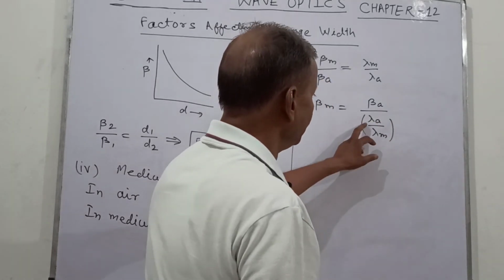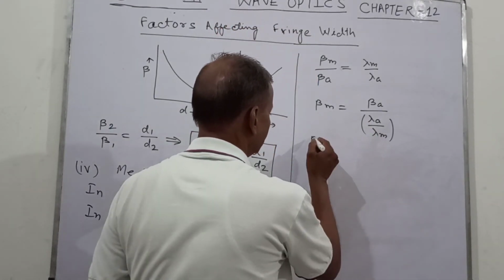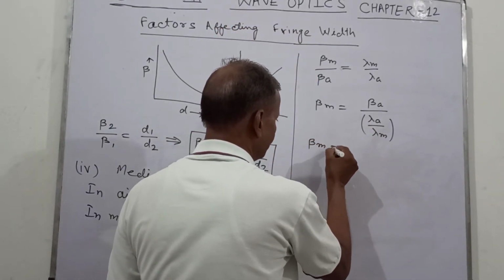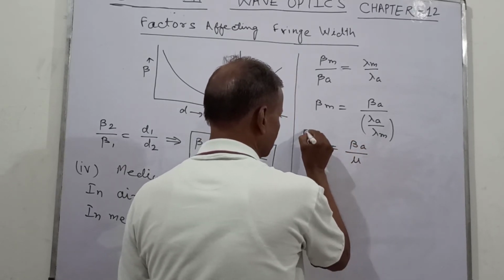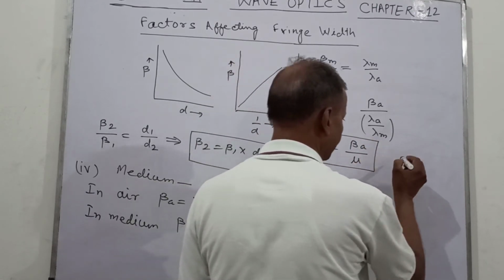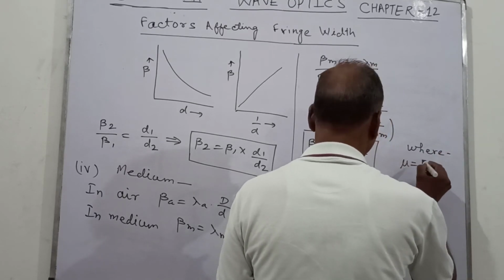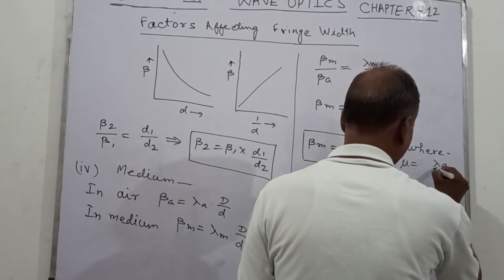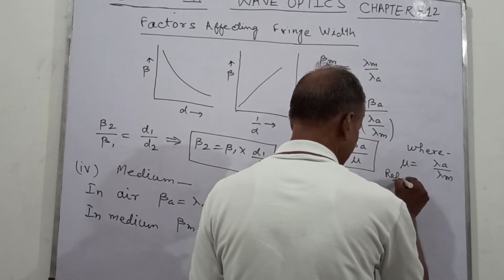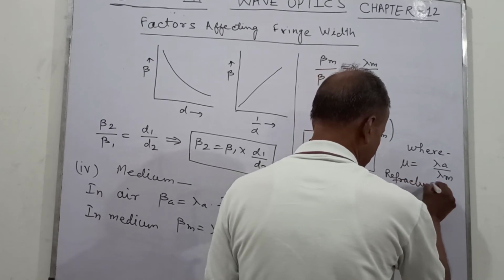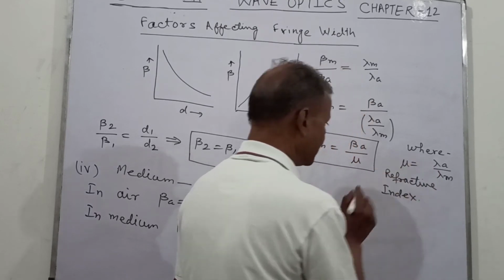This is the wavelength in air, this is the wavelength in medium, and this ratio is equal to the refractive index. So this beta m is equal to beta A upon mu, where mu equal to lambda A upon lambda m, the refractive index.